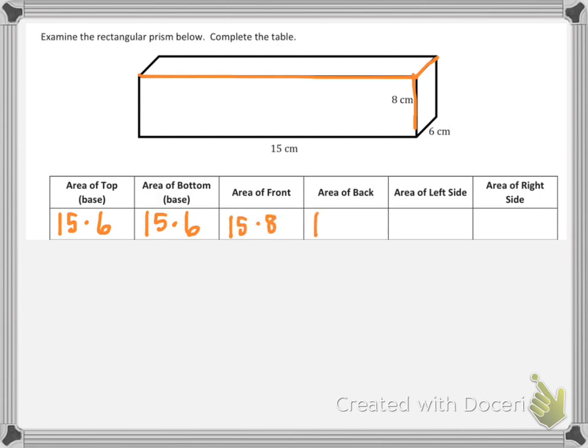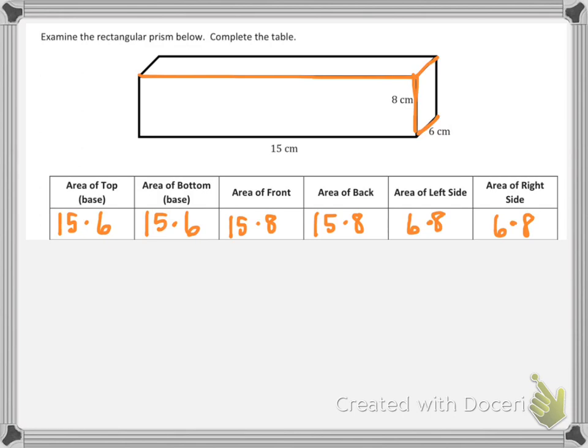And we know that the back is the same, 15 times 8. And then the area of the right side and left side are the same, so this is a 6 by 8 rectangle. So the left side is 6 times 8, and the right side is also 6 times 8.